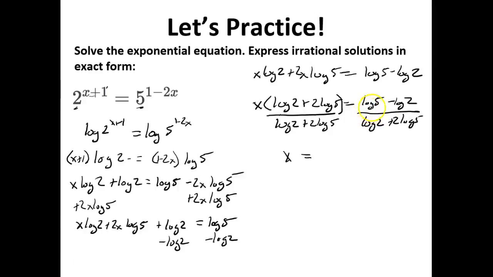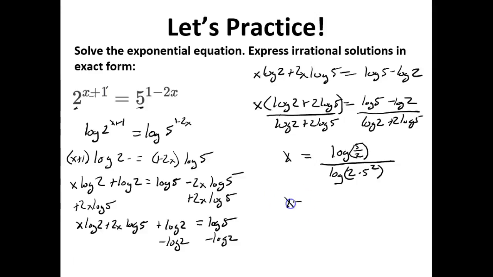Sure. So we have log of 5 minus log of 2. They have the same bases, so I can make that one log of the first over the second. So we have log of 5 halves all over log of 2 plus 2 log of 5. Again, if I write this as a single logarithm, the 2 would go to the exponent of 5, so 5 to the second.